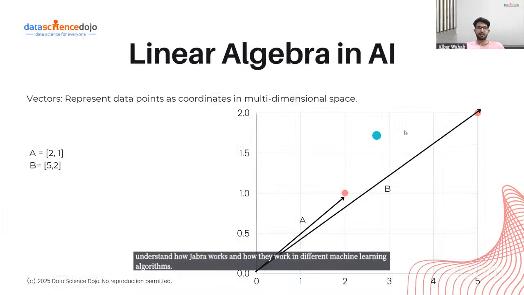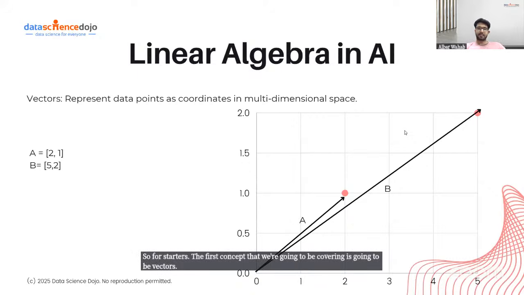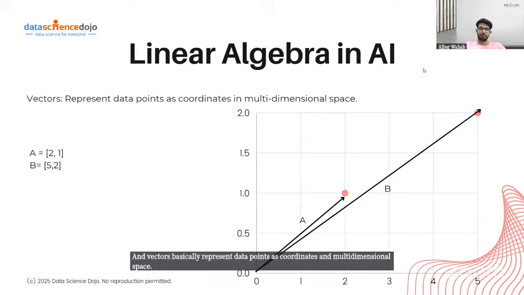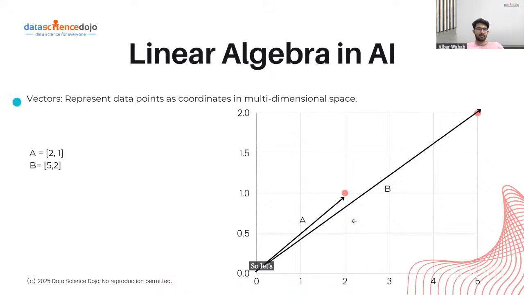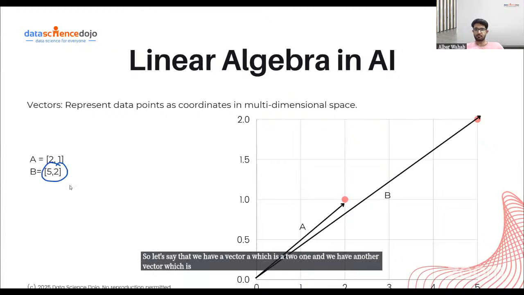So for starters, the first concept that we're going to be covering is going to be vectors. And vectors basically represent data points as coordinates in multidimensional space. So let's say that we have a vector A, which is 2, 1. And we have another vector, which is B, 5, 2.